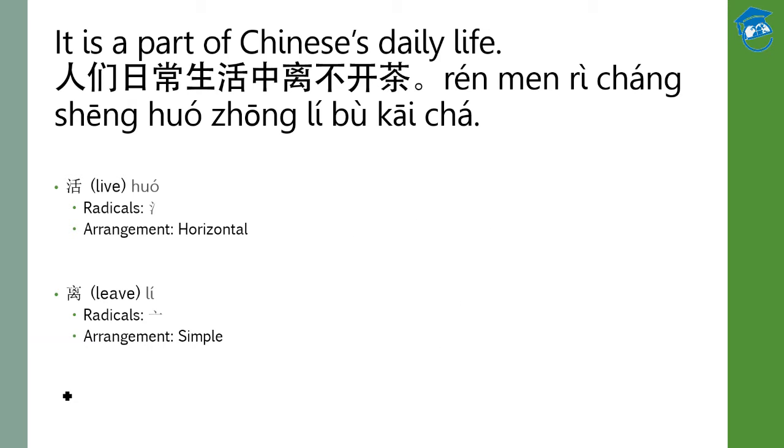The next word is 离. 离 has the meaning of leave. This is the pinyin li, and the radical is what's on top there. So the arrangement is simple. Let's look at how to write 离.